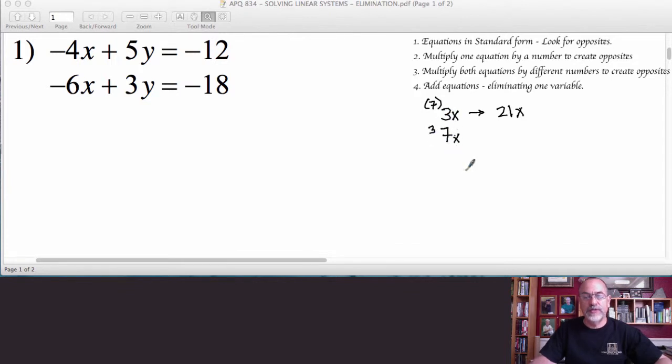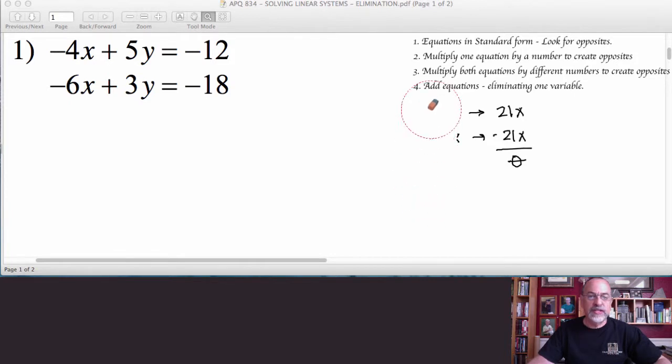The 3 times the 7 will still be positive, so I just need to make that a negative 3, and by doing that I'm going to get a negative 21x, and therefore I have the opposites, and when I add those together that is going to be 0. So I had to multiply each of these numbers by a different number in order to create opposites, and that's the method that we're going to use to solve the systems on this worksheet.